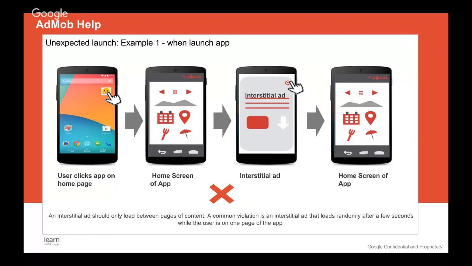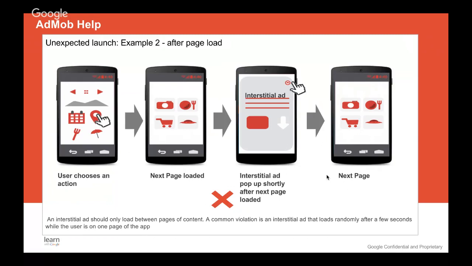After the user clicks the icon and the app launches and the person goes to the home screen, all of a sudden the interstitial ad pops up. After the user closes it, we go back to the home screen. This is not allowed because before and after the interstitial, it is the same screen, thus violating the golden rule. The second example is after the page loads.